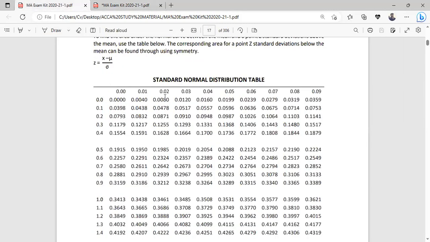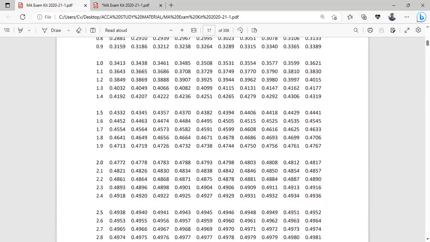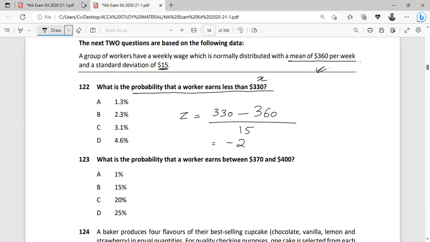Now we will go to the distribution table. We will find a value which is 2 because it is exactly 2. So it is 2 and parallel to it we have a value of 0.4772. Value of Z is minus.